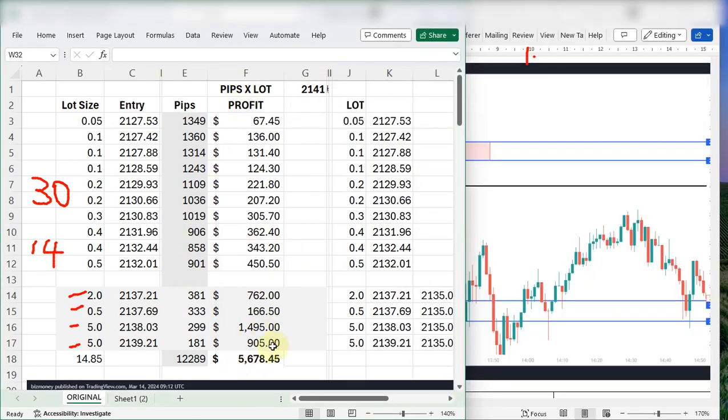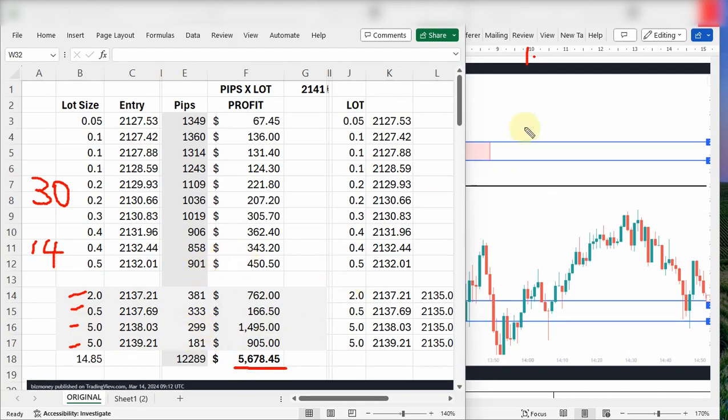Everything was about $5,678 according to the data I have. I know that others are left because I got only 14 out of the 30 which you claim she opened. So maybe if I were to have all the 30 open positions, this amount would be $6,000 to $7,000 we are talking about. But this is what I can lay my hand on based on the information you provided.